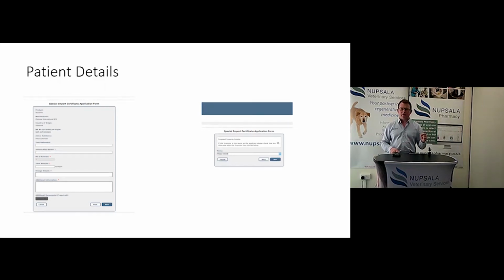That way you know that it's not been tampered with, it could not be a fraudulent product, it hasn't gone through several hands, and really it's a more robust way of ensuring that you get the product which you are responsible for importing. Or like I said, typically here this would be where you would put someone like Nupsala as your importing wholesaler and click onto the next screen.